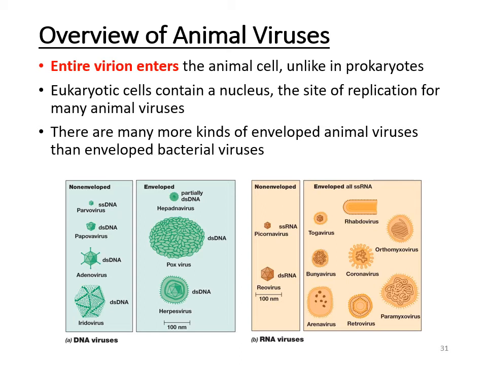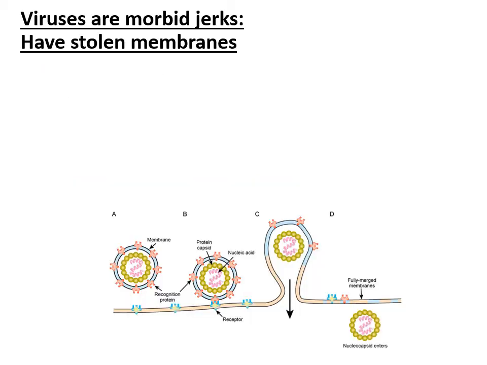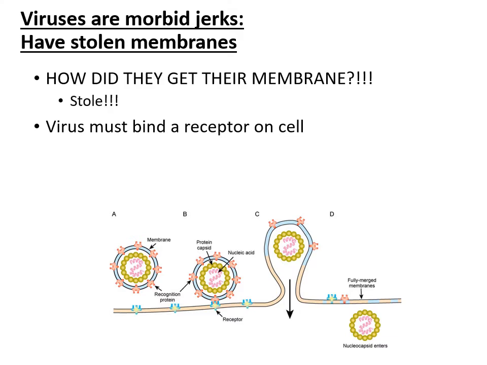Now keep in mind that with animal viruses, you tend to see a lot of enveloped viruses. Why is that? Because a lot of them are stealing that envelope, that membrane, from the animal cells. As I mentioned before, any virus that has an extra membrane on top of its protein shell, where did they get that? They stole it from their previous host cell. So if they're infecting your body, they'll go to one of your cells.